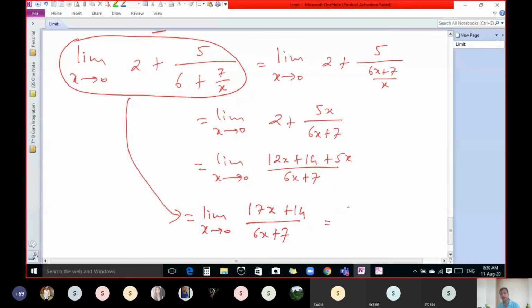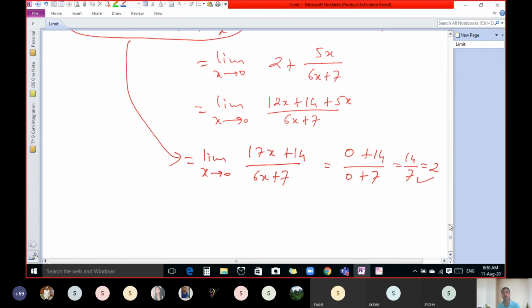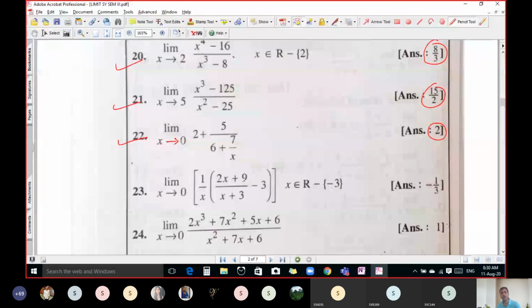So we get 17 into 0, 0, plus 14 upon 6 into 0, 0, plus 7. Here we get 14 divided by 7. We know that if we have 0 by 0, then we have to proceed; otherwise, whatever we have is our final answer. So 2 is our final answer. In this way also you can solve the question.